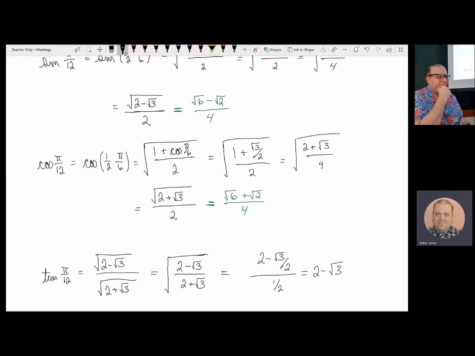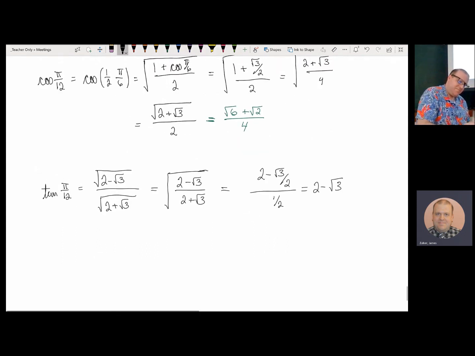All right, so that is also equal to 1 over 2 plus root 3.